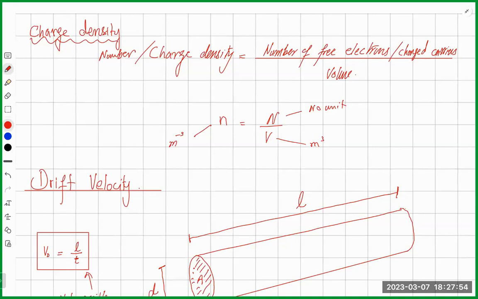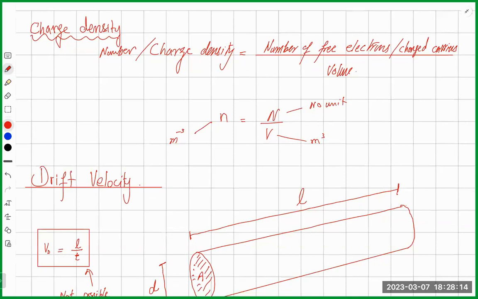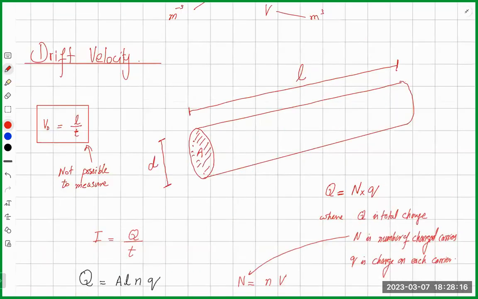I told you electrons in a conductor are supposed to drift. Drift means if one electron enters the conductor, all the electrons of the conductor get a push forward and the last electron goes out. Such a movement is called drift. So here is a conductor.